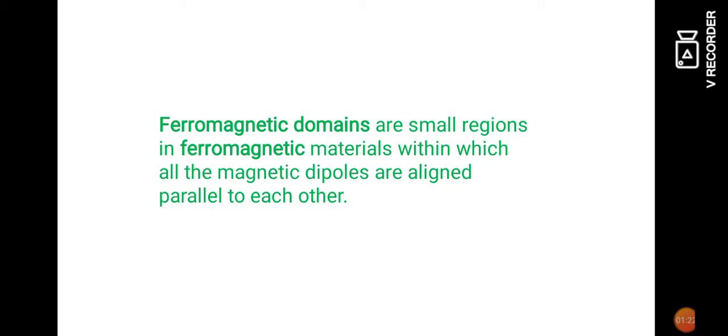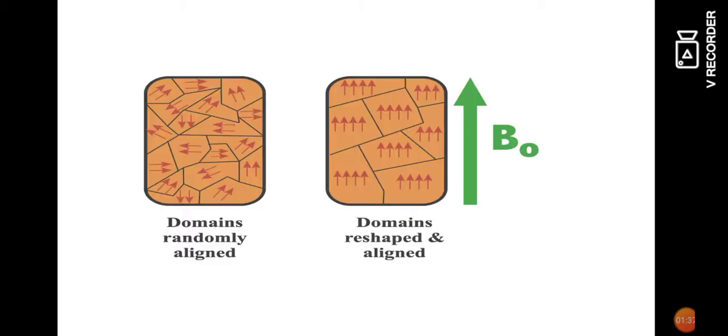So when we consider a ferromagnetic material such as iron, it consists of a large number of small regions. They are called domains. In each domain, the magnetic dipoles are present. In this picture, we can see how the ferromagnetic domains are present inside the material.